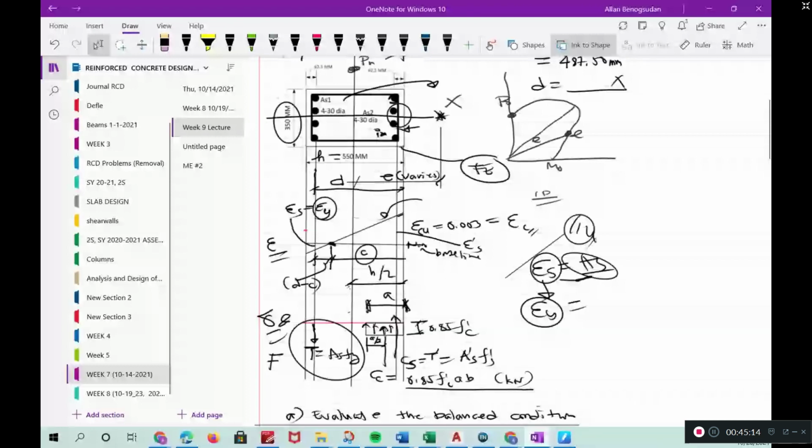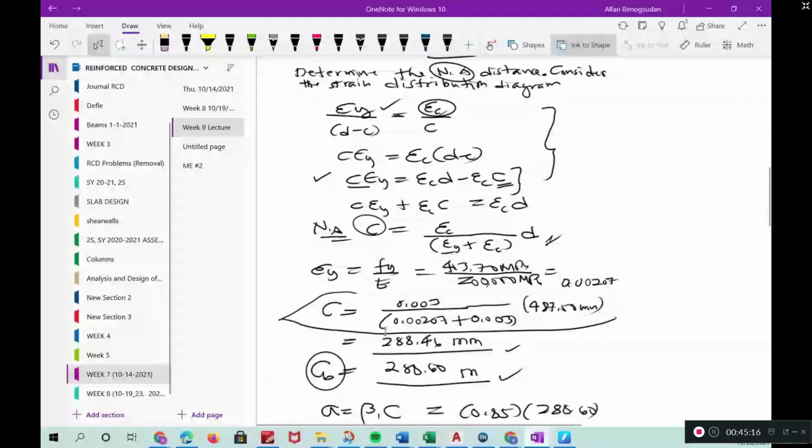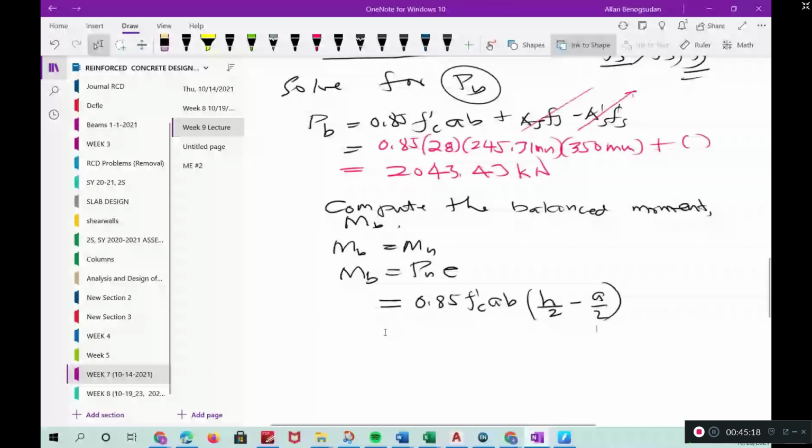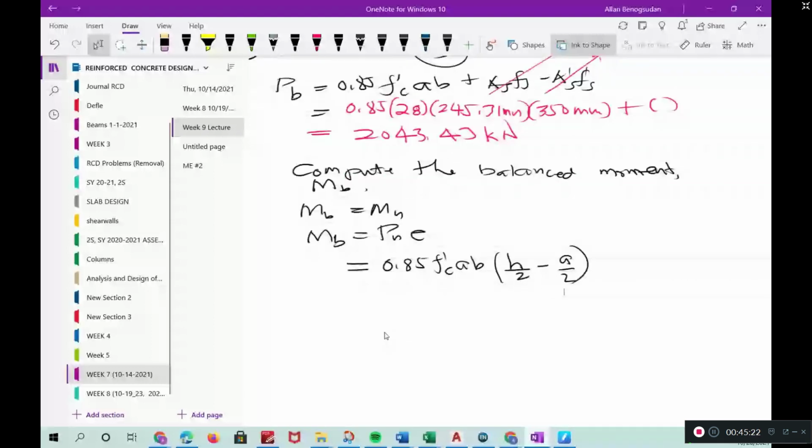Moment. Okay. Tignan niyo kung saan tayo ng moment, ha? Somebody will tell me kung saan tayo ng moment. Then, plus natin, ha? Plus a sub prime, f prime is, okay? Then, h over 2 ulit, ha?